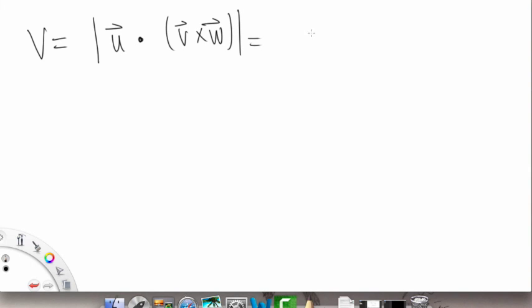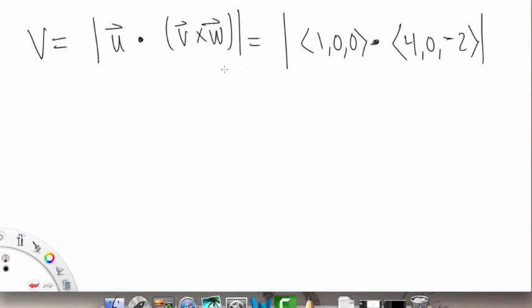Then to get our volume, we take the absolute value of u dotted with this resultant vector. So it's the absolute value of 1, 0, 0, which was given as u, dotted with the vector we just found, 4, 0, and negative 2.